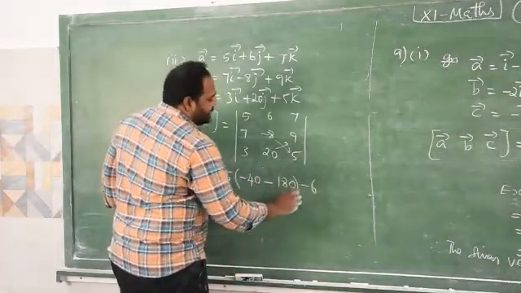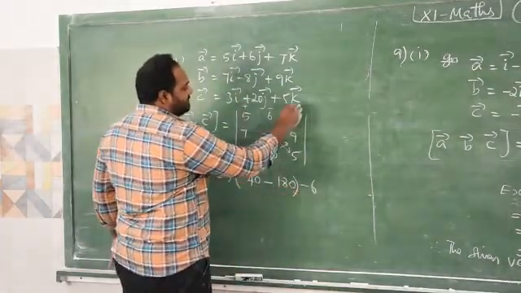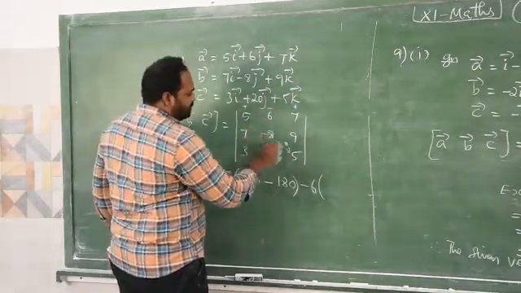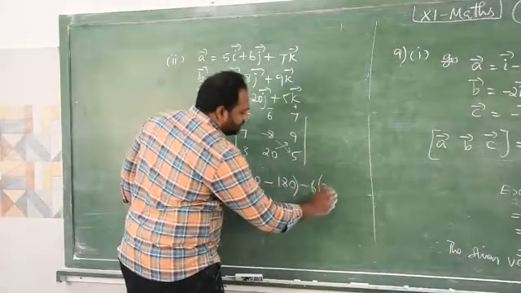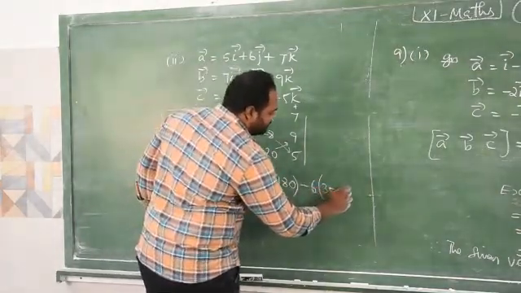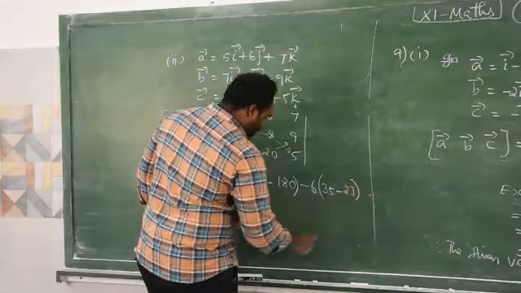Then minus, second, next minus, plus, minus, plus: minus 6 into, eliminate this column and row, 7 5s are 35 minus 9 3s are 27.